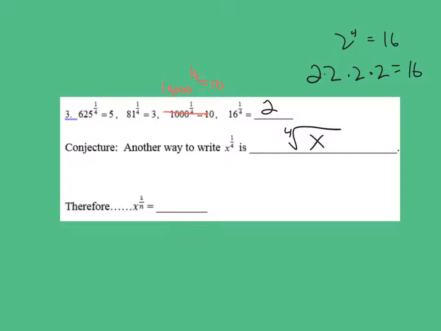Therefore, if we look at x to the 1 over n, that means we're talking about the nth root of x. And that n is a default 2, unless we write an index indicating otherwise.